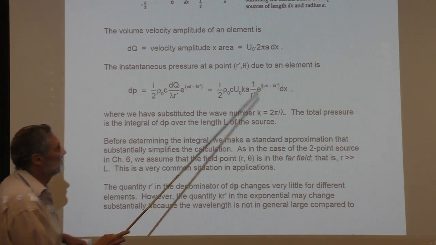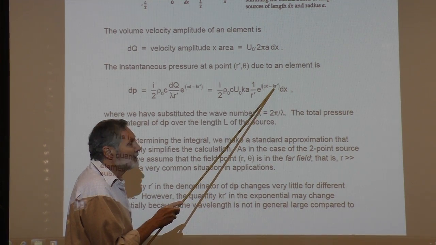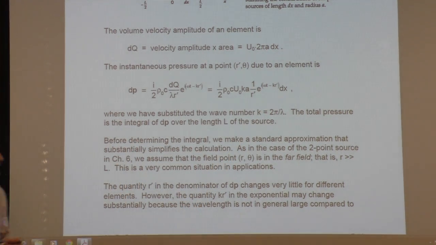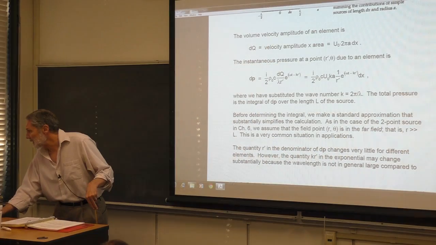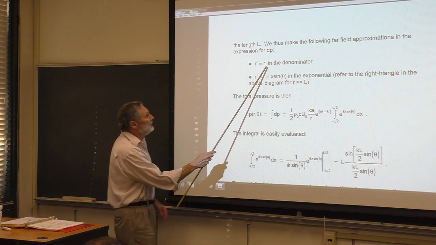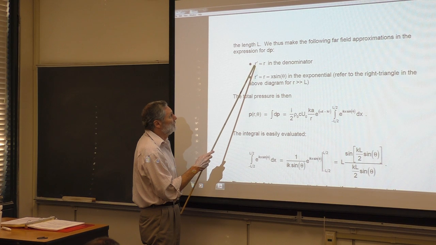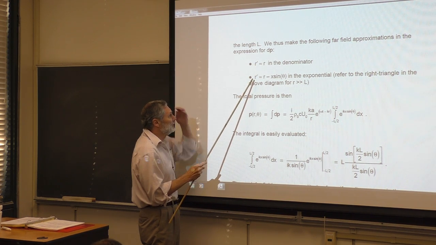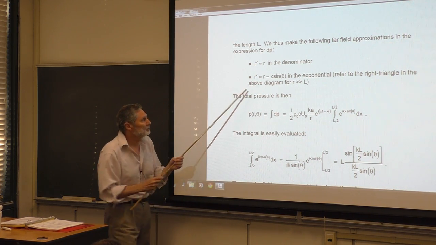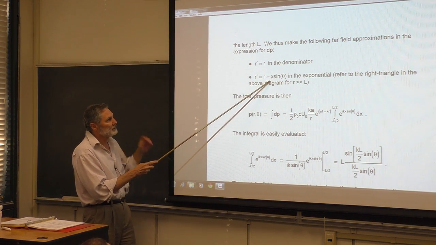This can vary a lot as r prime varies, just like in the case of the two-point source. So there we have to include the path length. Again, this is just like the two-point source. A good approximation is to set r prime equal to r in the denominator. But in the exponential, we have to put in the fact that r varies.